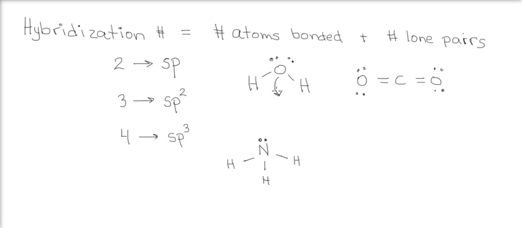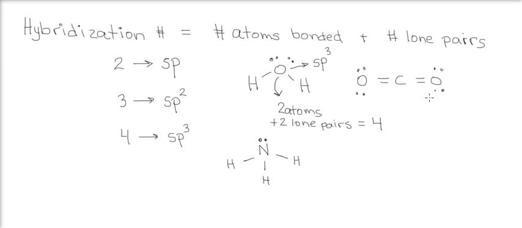Here, this oxygen has 2 atoms bonded plus 2 lone pairs, which gives us a hybridization number of 4. Therefore, because this hybridization number is 4, this oxygen is sp3 hybridized.